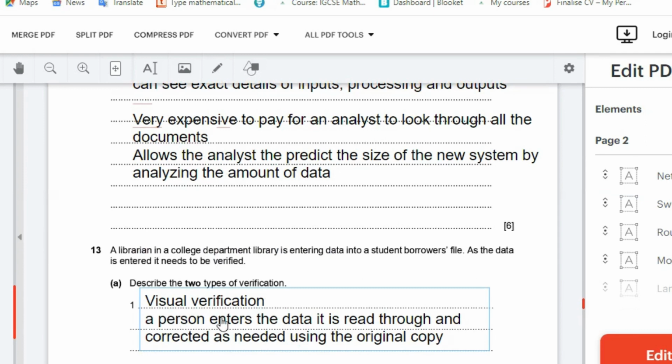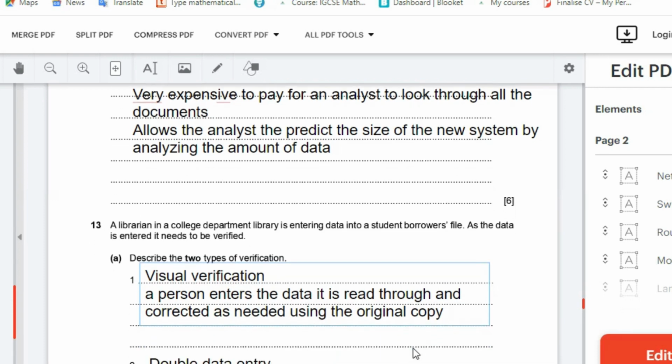A person enters data. It is read through and corrected as needed using the original copy. While the second type is double data entry.